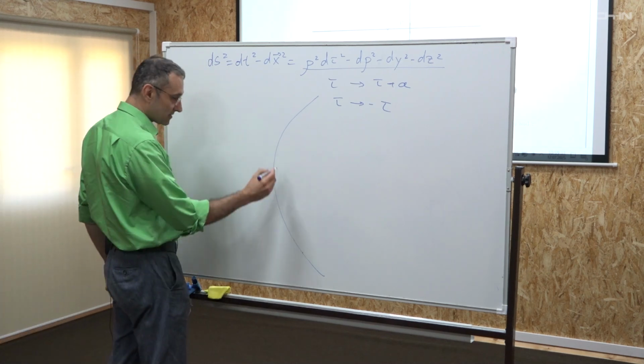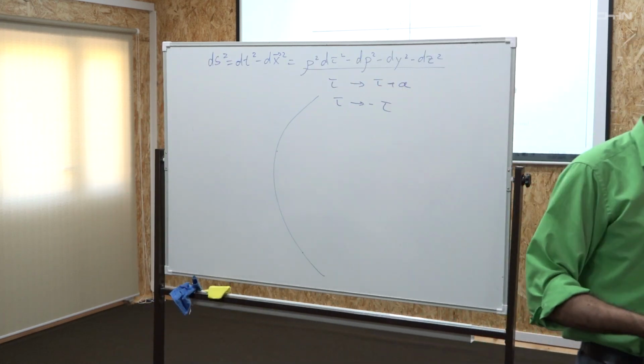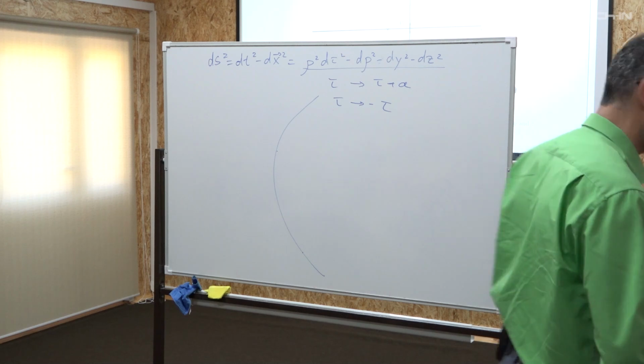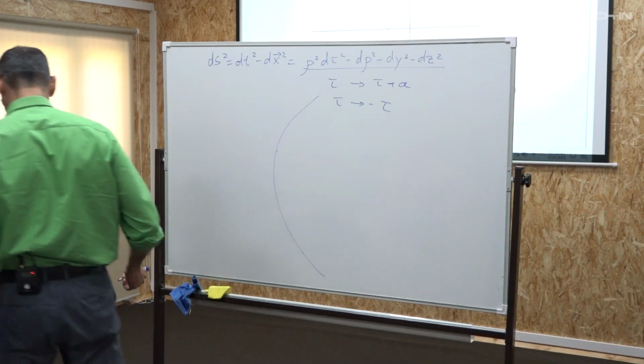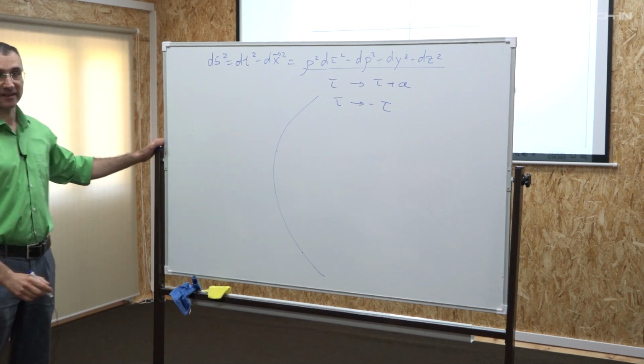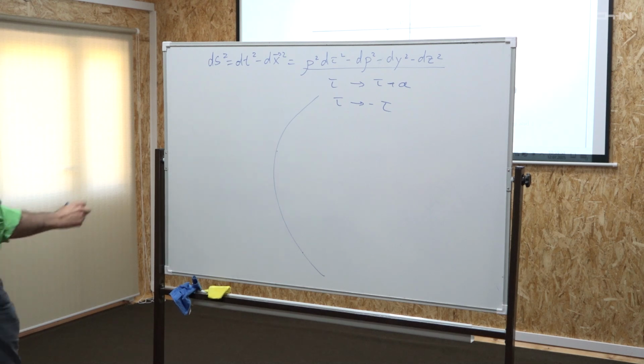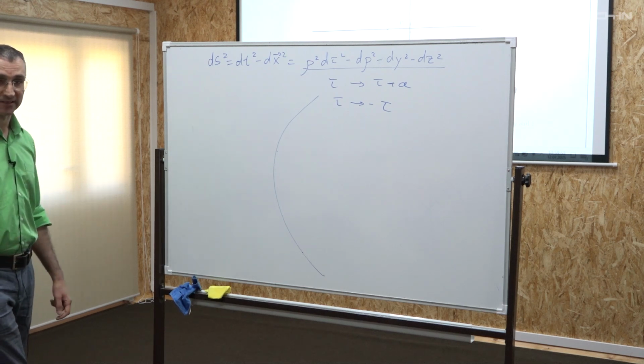Physics at this position and at this position is the same. Moving along this line, you will not distinguish two different positions in the following sense, because this hyperbola is very easy to check, is an orbit of the Lorentz group. So if you perform Lorentz boost, it doesn't change.